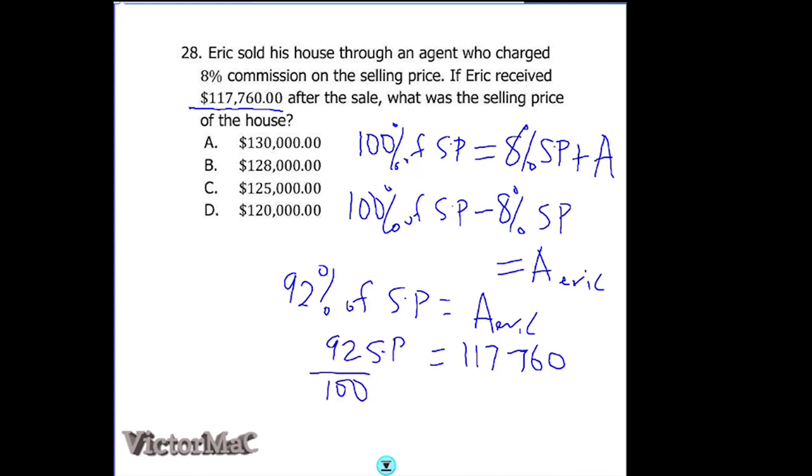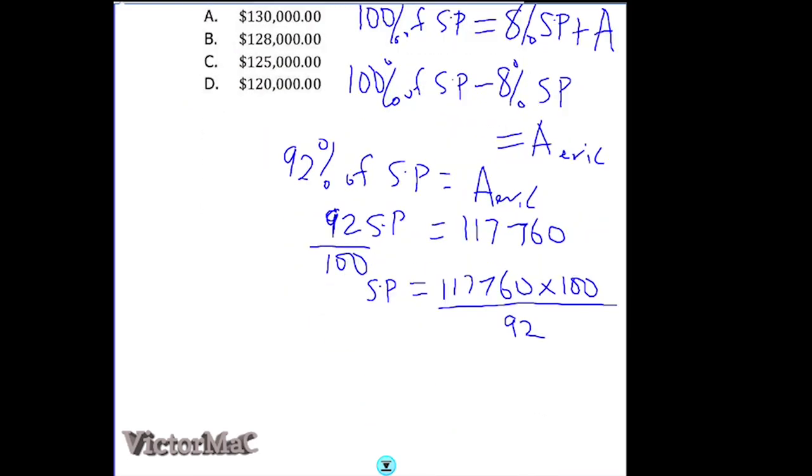We'll cross multiply. 100 from the left will come numerator on the right hand side to multiply the numerator here. And when we divide both sides by 92, also 92 from the left hand side becomes denominator on the right hand side here.